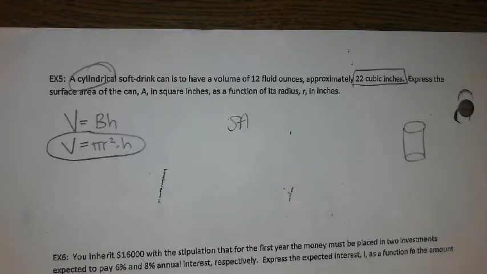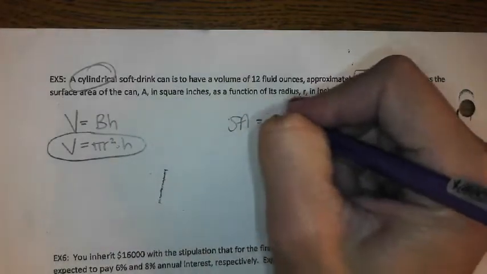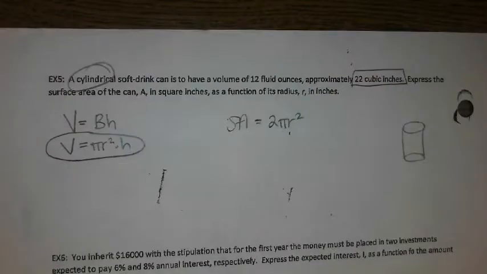Look over here. This is going to be a beautiful demo as well. If you were to cut down the side of a can, well, first of all, you got the top and the bottom to worry about as surface area, right? A circle, pi r squared, and another pi r squared, right? So first of all, we have 2 pi r squareds for the top and the bottom.